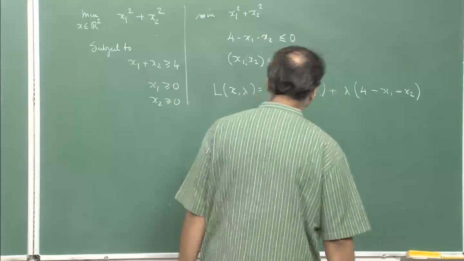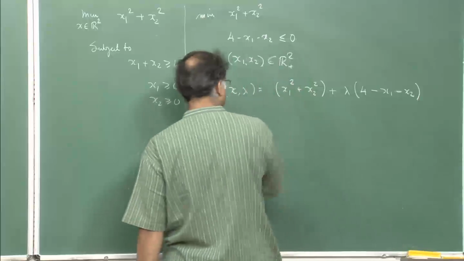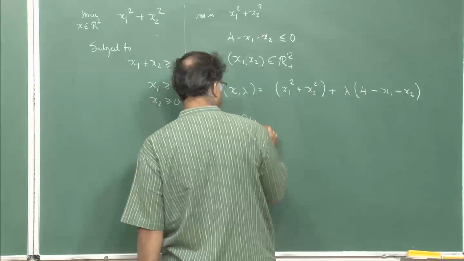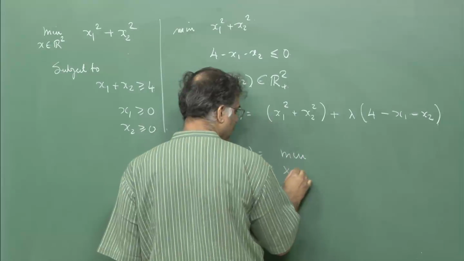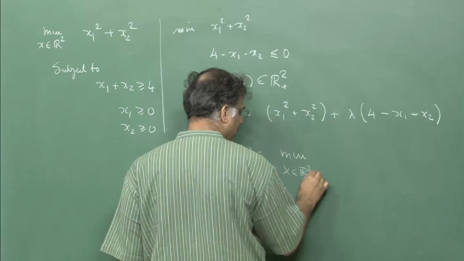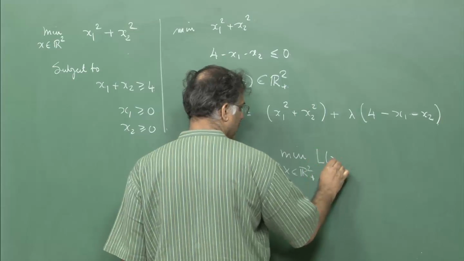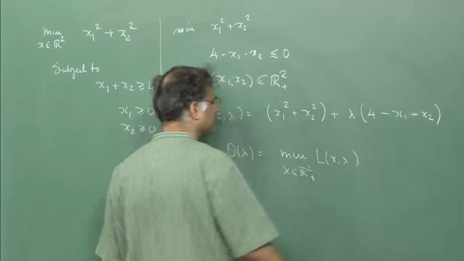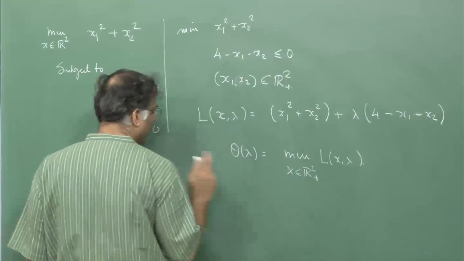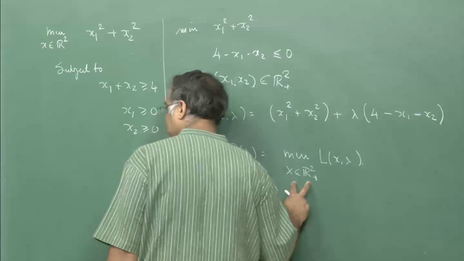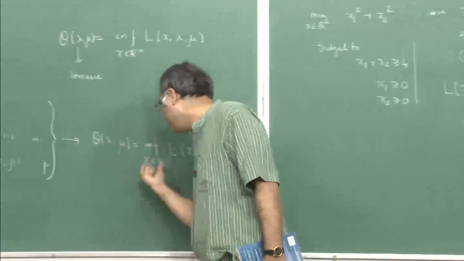Now 4 lambda is a constant because I am fixing a lambda and then minimizing. So, my theta lambda in this particular case is to minimize over x element of R2 plus. So, here I am restricted in minimizing this Lagrangian function. Now, observe that here I have made this restriction quite similar to the one here.